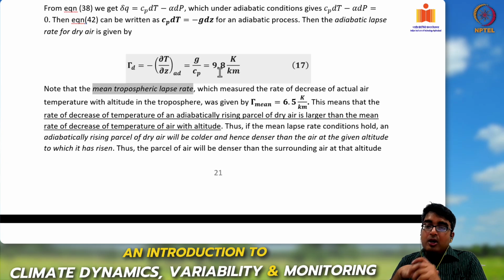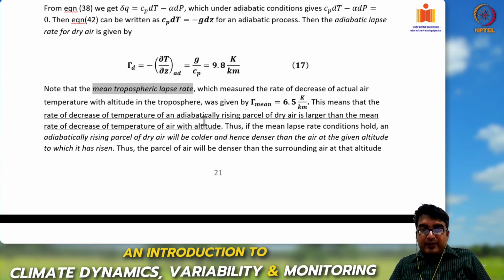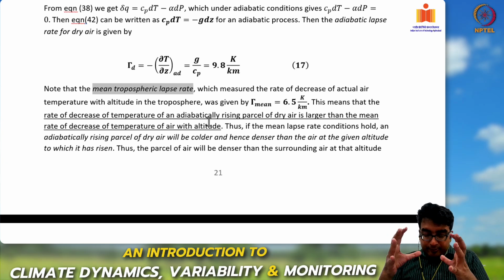kilometer. This means that the rate of decrease of temperature of an adiabatically rising parcel of air is larger than the mean rate of decrease of temperature of air with altitude. So let us understand what this fundamentally means.